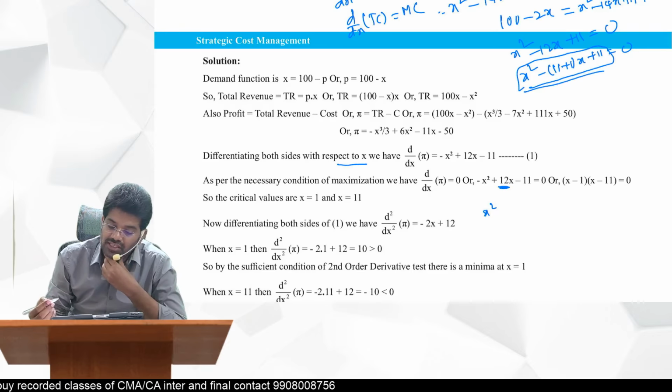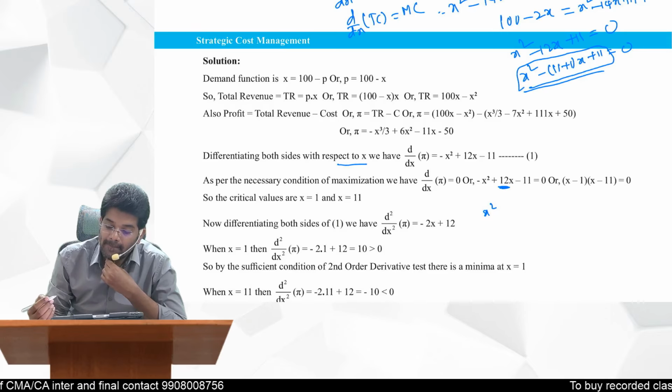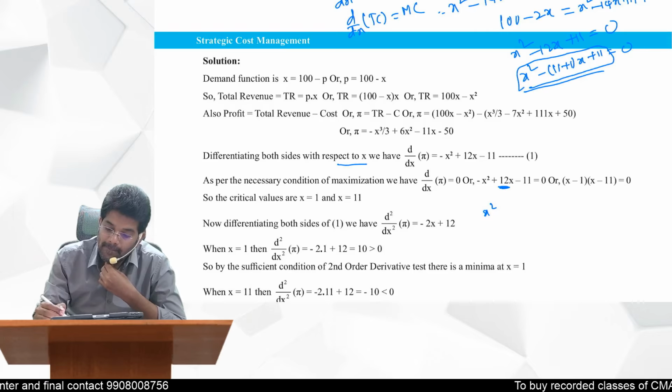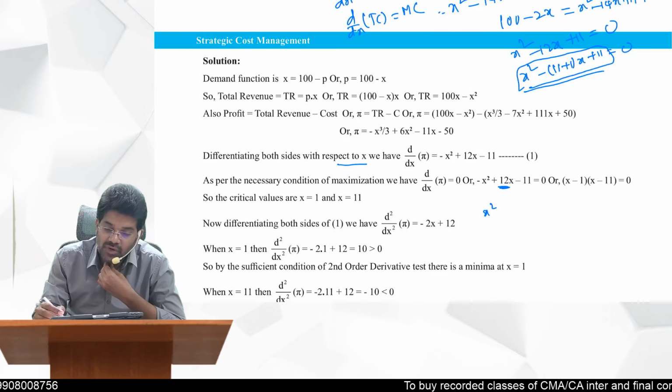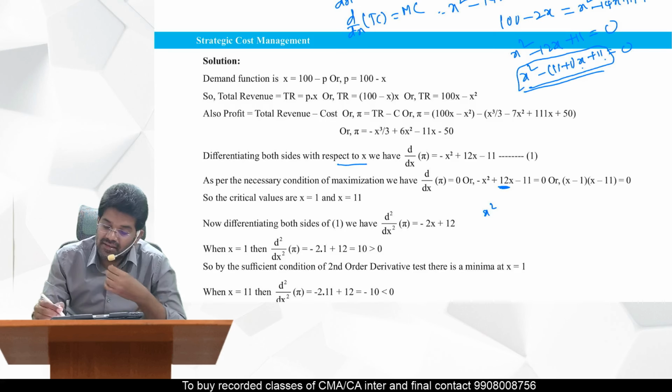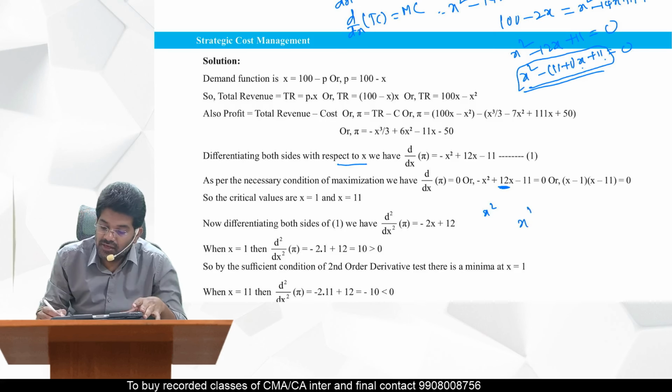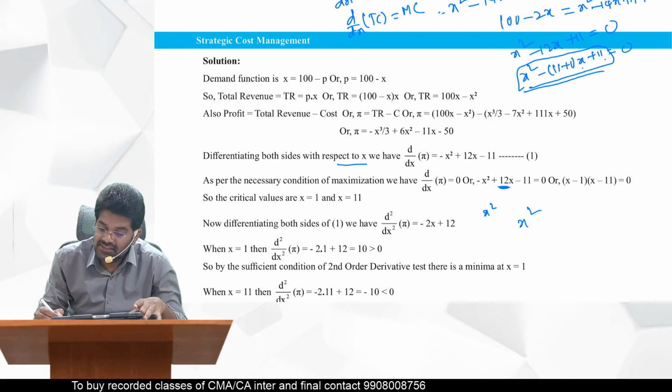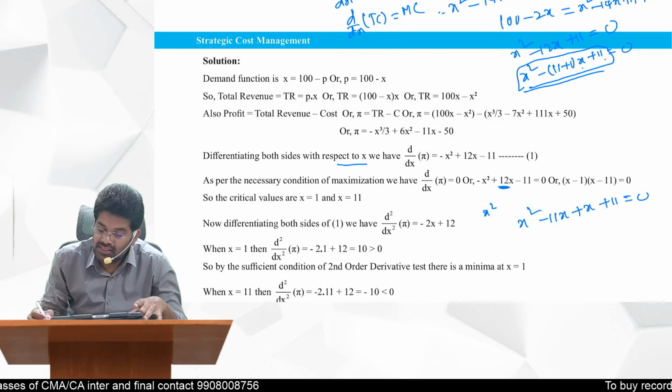So if you solve this now, what you will get? x square minus 11x plus x plus 11 is equal to 0.